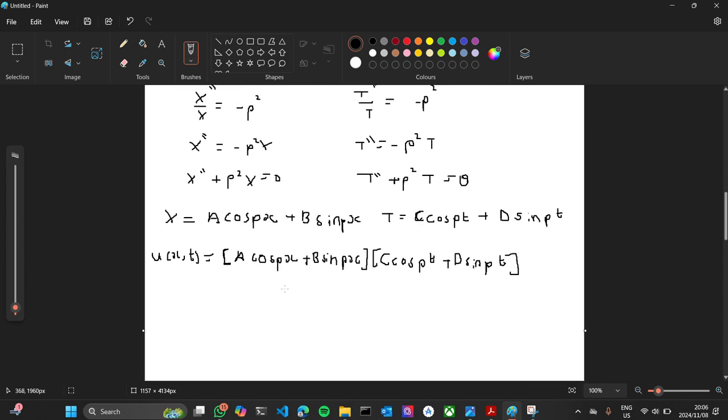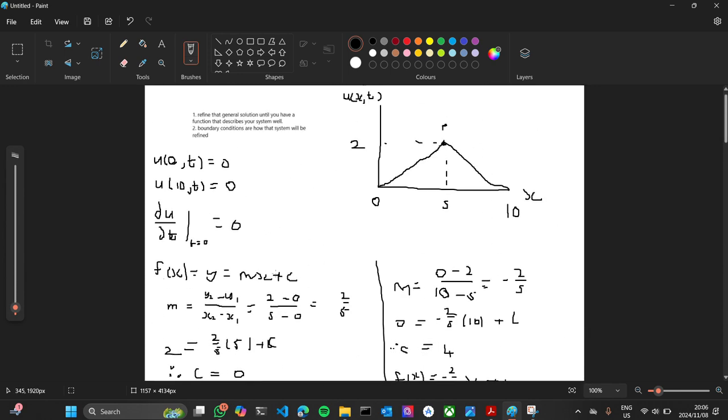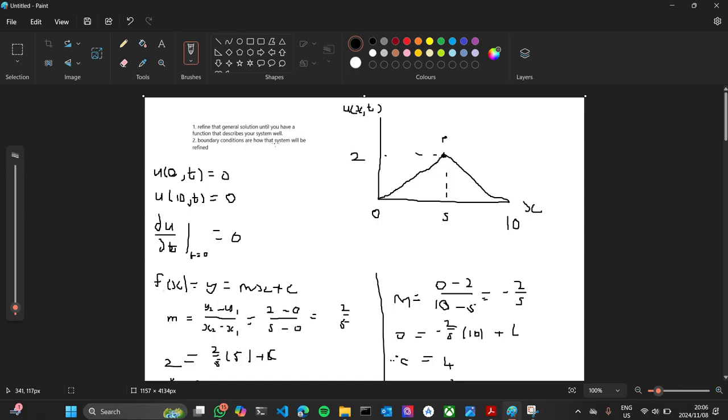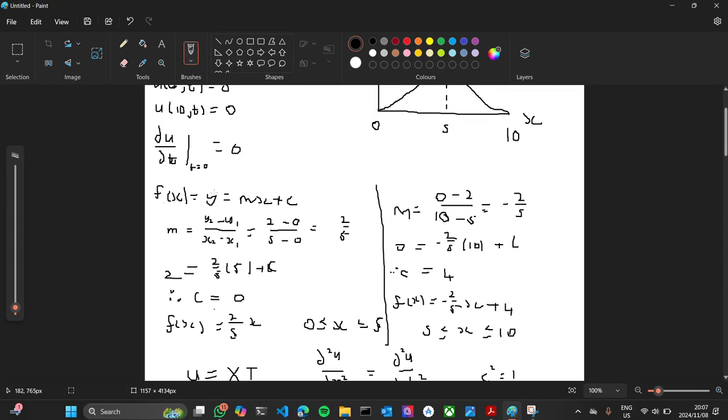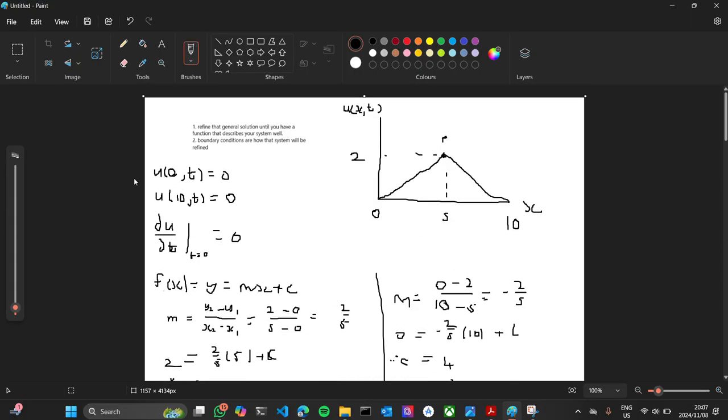So what we're going to do to refine this, as we said again, is use the boundary conditions to refine our general solution. So the very first pair we're going to use are these two here. The displacement of the string at the critical points.